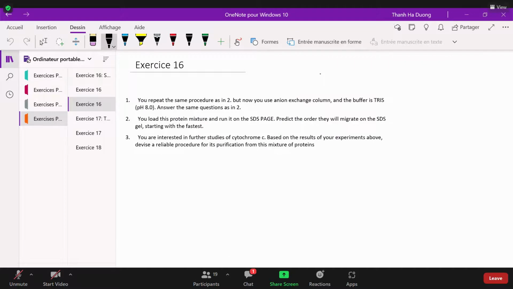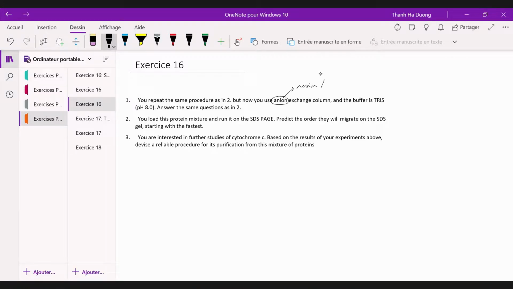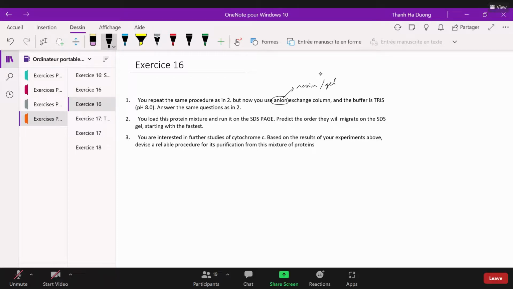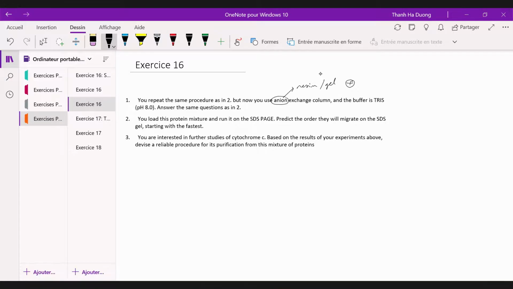Now you repeat the same, but use an anion exchange. It means that this time the resin or the gel is positively charged.